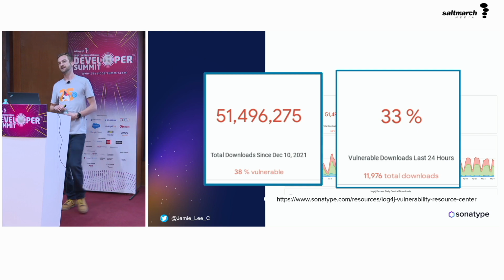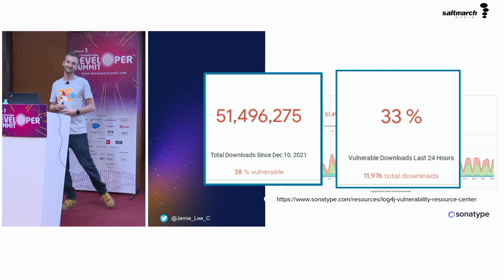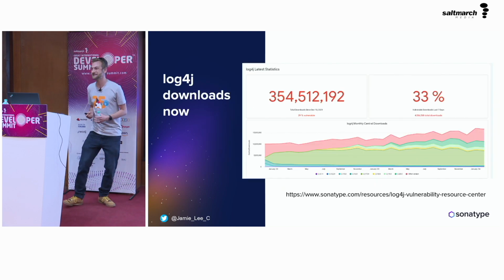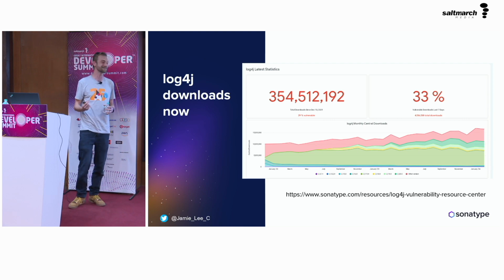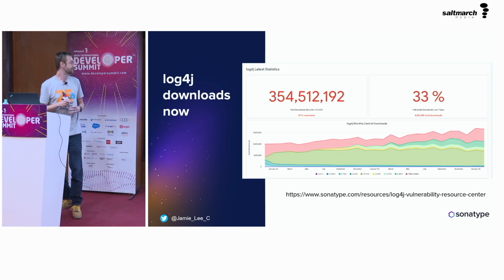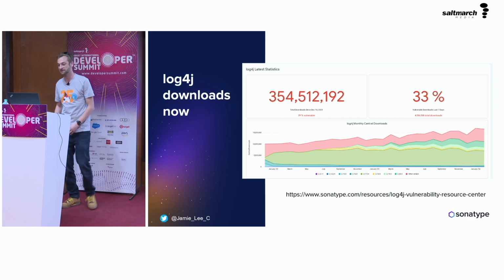Do you reckon that got better? I'm going to fast forward a year and a half. Do you reckon there's less? It's still 33%, 33% of downloads of the worst Java vulnerability in history. They're still downloading it. We are now at 354 million downloads of this, the worst vulnerability ever.